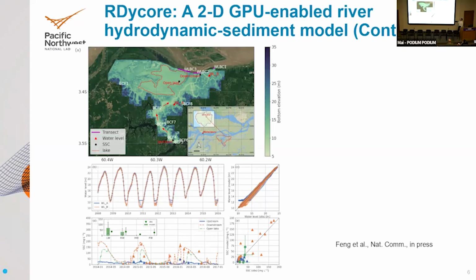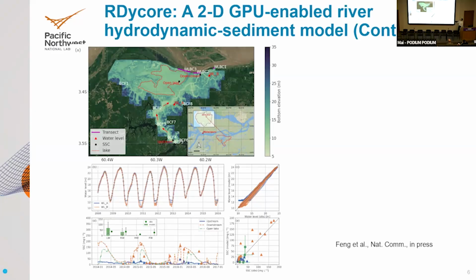In a recent study, we applied a river model with similar physics to the complex flood plain in the Amazon region, shown in panel A. The domain of this flood plain is shown here. It receives water and sediment from both the upstream rivers and the downstream Amazon River.